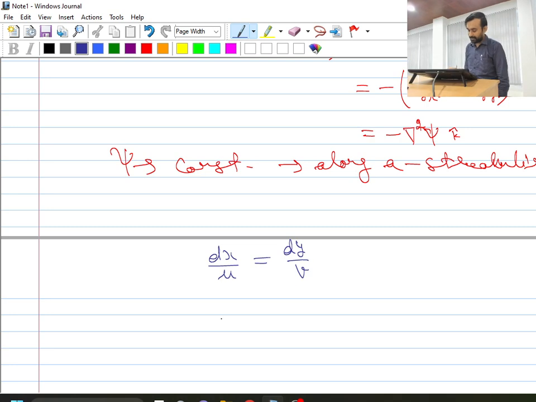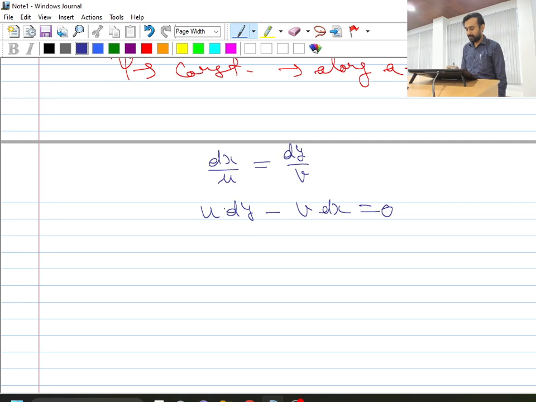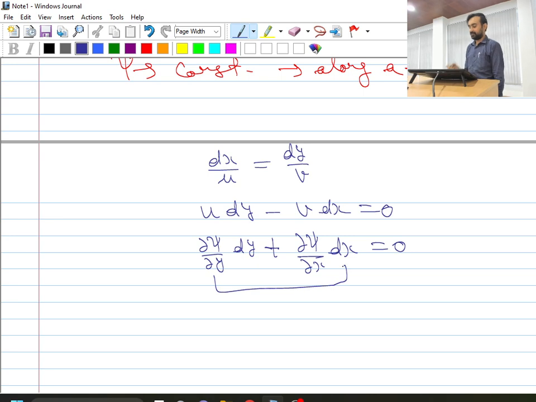Okay. So from here I can write u times dy minus v times dx equal to 0. This is the equation of a streamline. If I replace u with del psi by del y into dy, and minus v times dx, minus minus becomes plus del psi by del x into dx, equal to 0. What is this? This is the total derivative of psi.